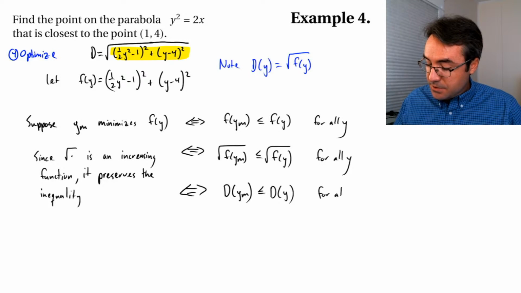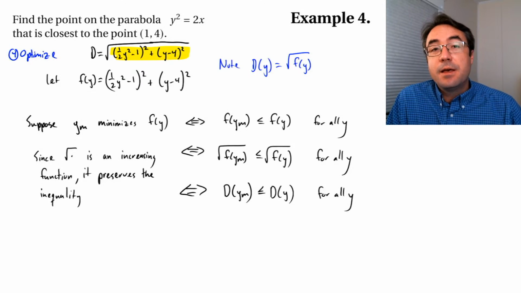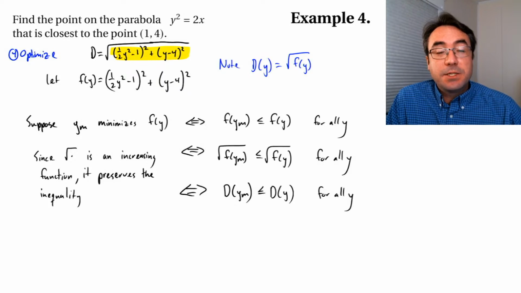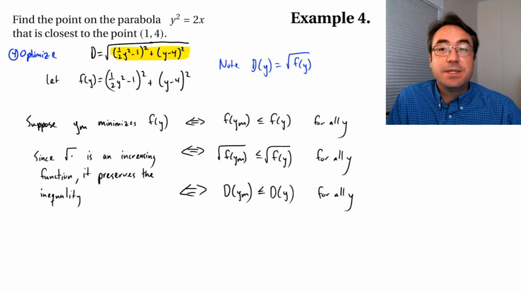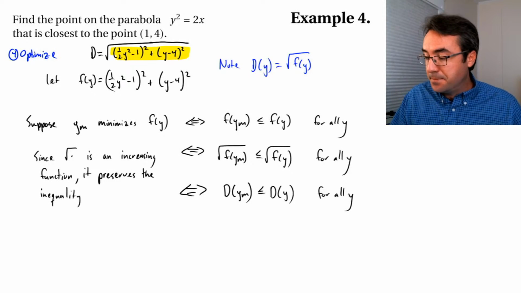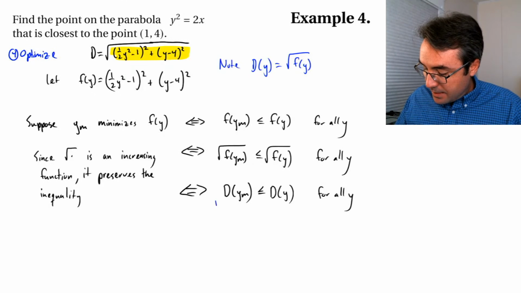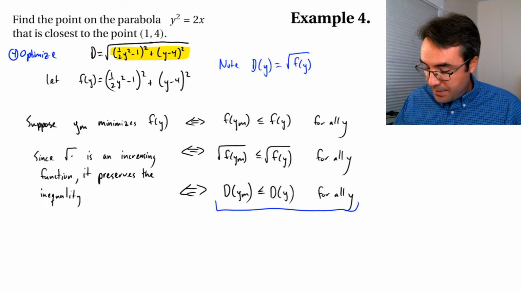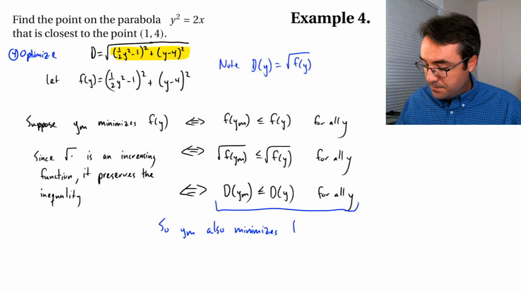And since the square root preserves the inequality, that inequality must be true as well. So the distance function evaluated at ym must be less than or equal to the distance function evaluated for any y value. And that's precisely what it means to be the minimum. So this last inequality here shows that ym also minimizes our distance function d of y.